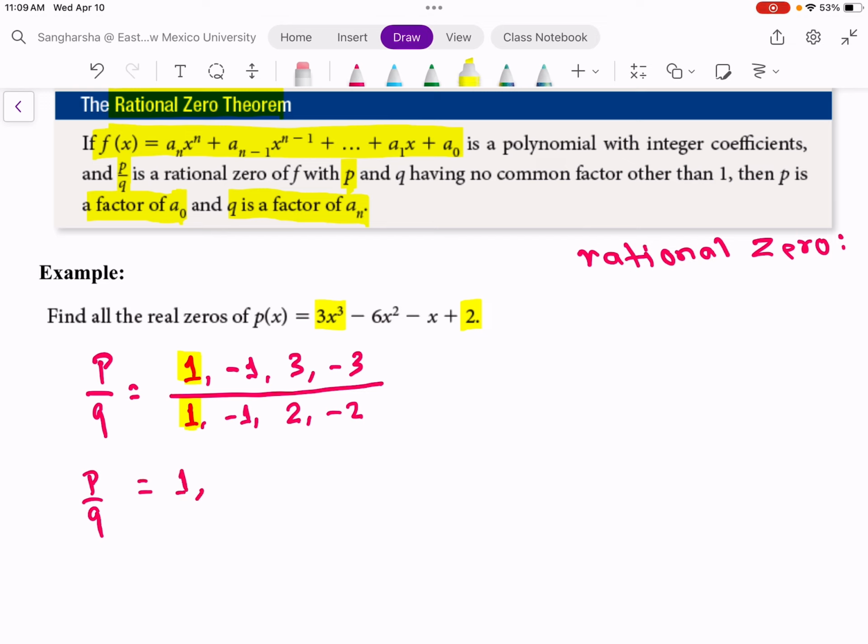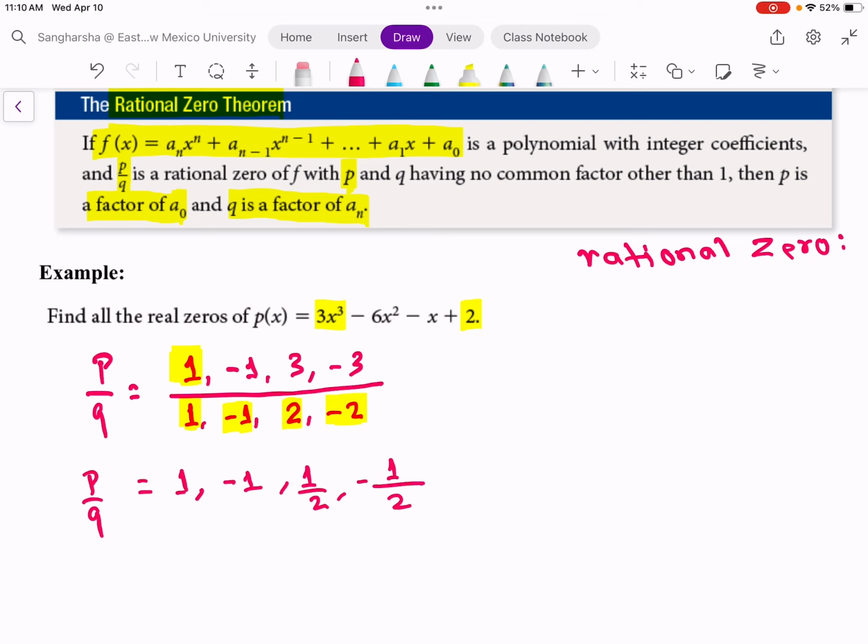Now let's take 1 for p and negative 1 for q. p over q is 1 divided by negative 1, which is negative 1. Similarly, let's take 1 for p and 2 for q. So p over q would be 1 over 2. Let's take 1 for p and negative 2 for q. So p over q would be negative 1 over 2.